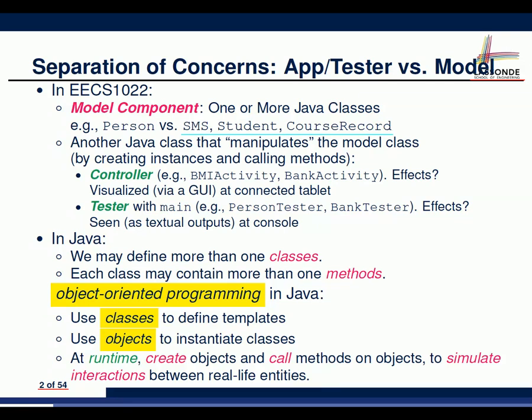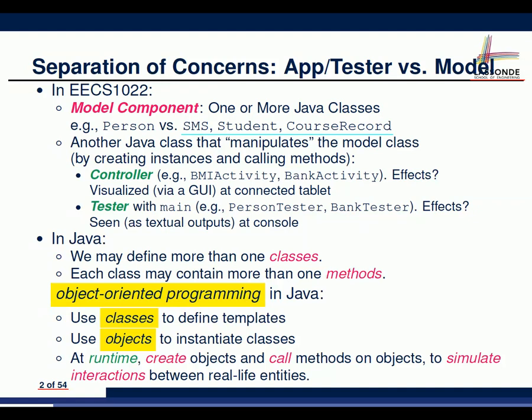A student can add a course, and a course record can be set for its letter grade, etc. That's really the nice thing about object-oriented programming. I want you to keep thinking about how we can implement the interactions in the real world in Java. That's really something I want you to appreciate.